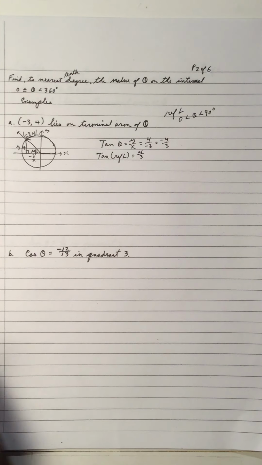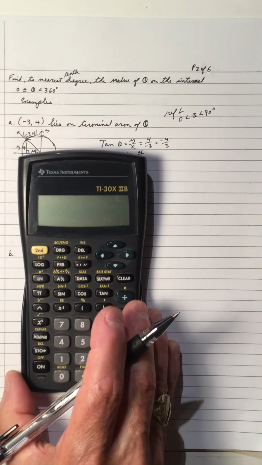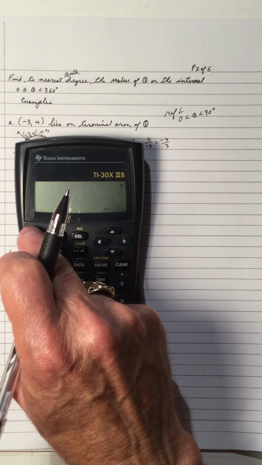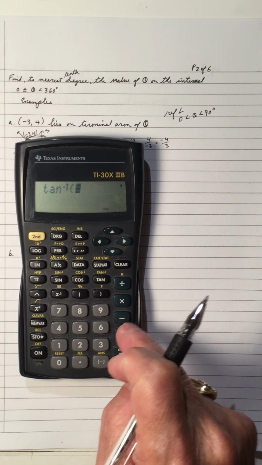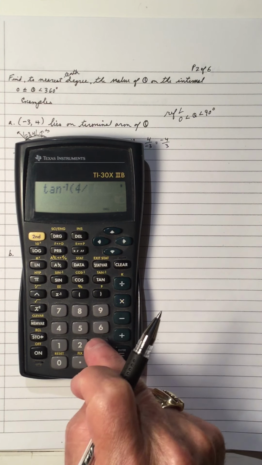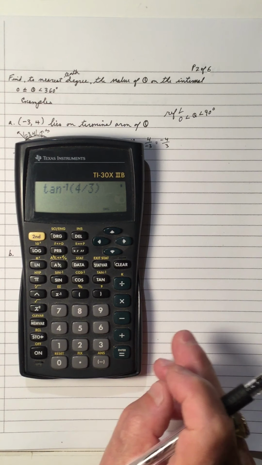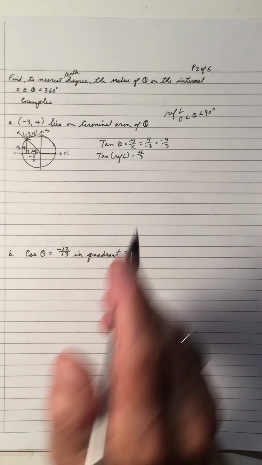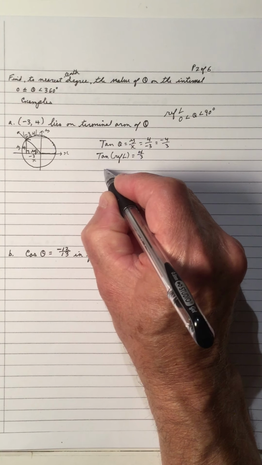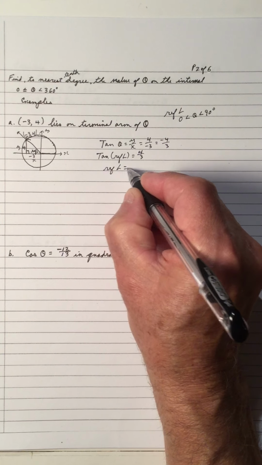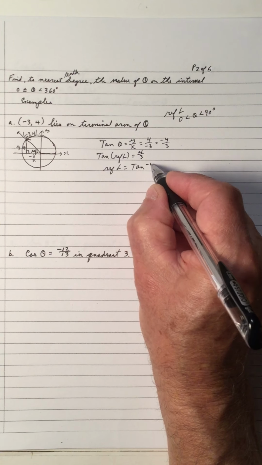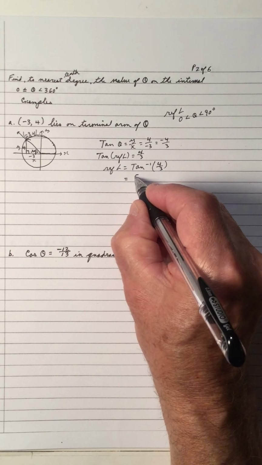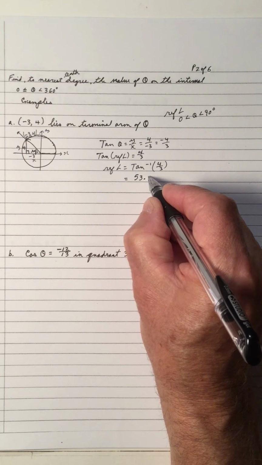So what we need to do is pick up our calculator, turn it on, and do inverse tan of 4 divided by 3. And that will give us 53.1. So the reference angle is tan to the -1 of 4/3, which means the reference angle is 53.1.